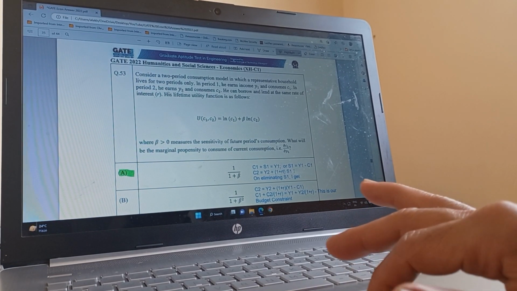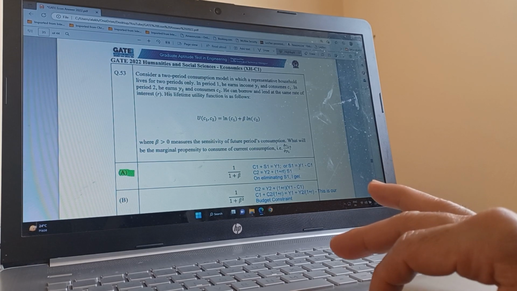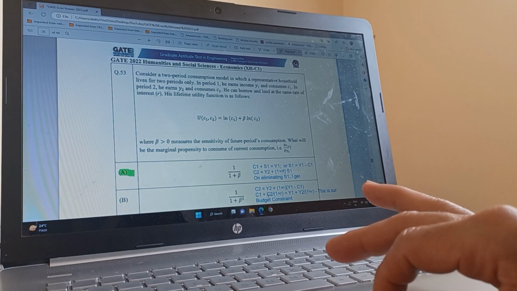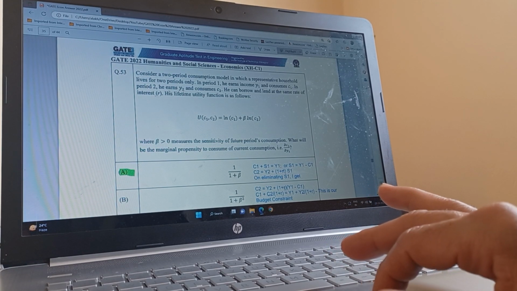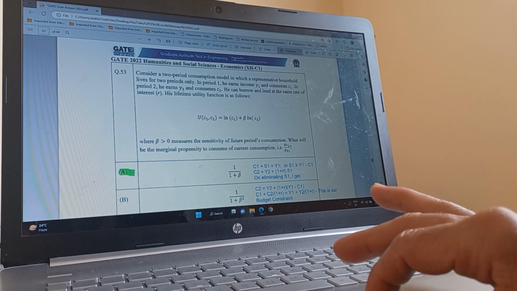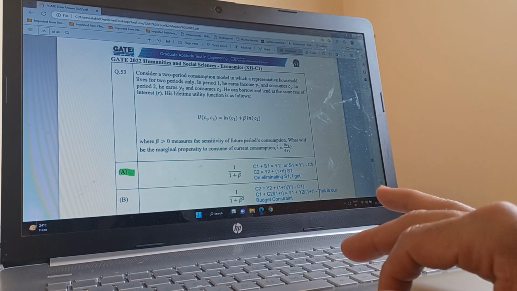So on eliminating S1, I am substituting it. What do I get? C2 is equal to Y2 plus (1 plus R) times (Y1 minus C1). I only substituted S1 with Y1 minus C1.